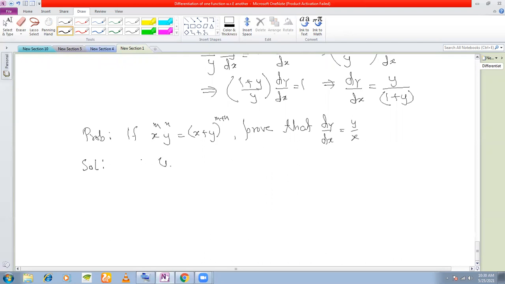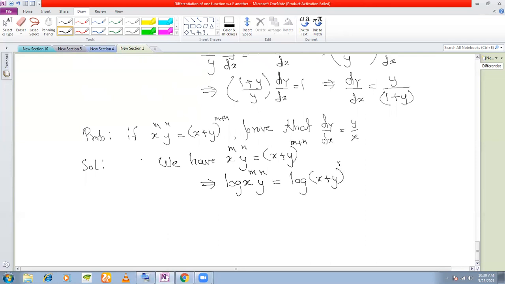So start with the given function. Take log on both sides. That means you have log x to the power of m plus log y to the power of n.